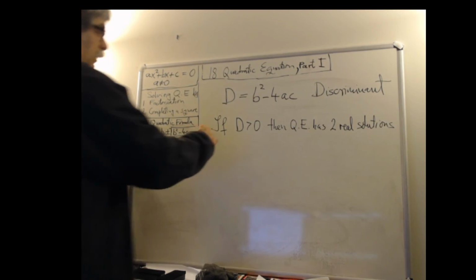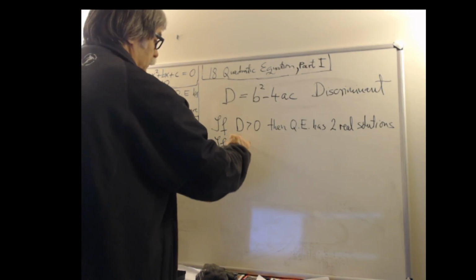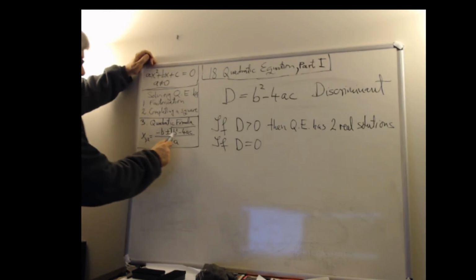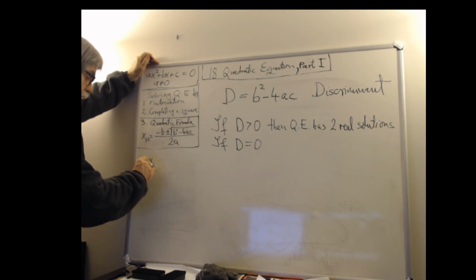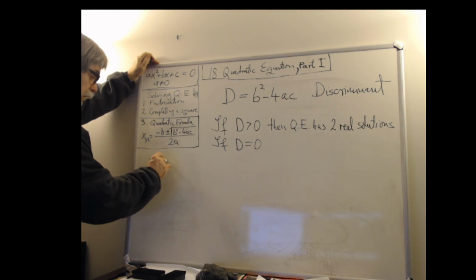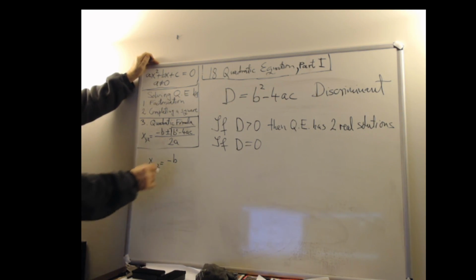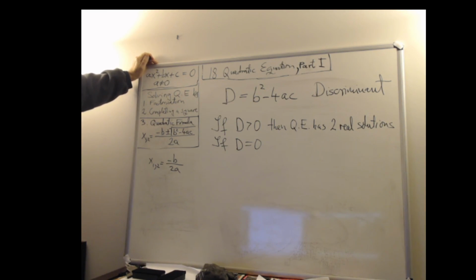The second option is that D is actually going to be 0. If D is equal to 0, this guy is equal to 0, so you end up with x1, 2 is negative b plus or minus radical of 0, which is 0, divided by 2a. This is very simple.